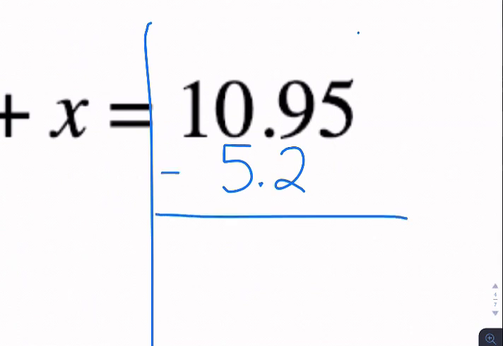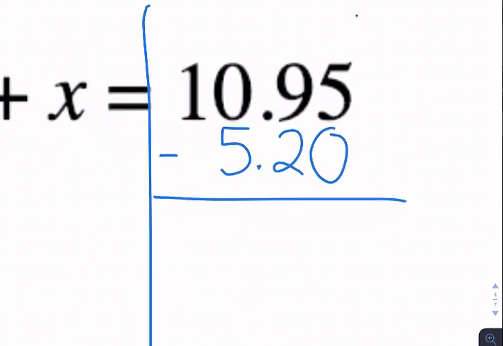I'm subtracting, and if you are not very good at your rules with decimals, you want to be very careful. When you are adding and subtracting, you have to line up the decimals. And then there's other strategies here when we're multiplying and dividing that we can go over in just a minute.